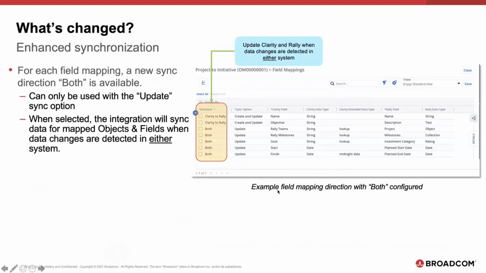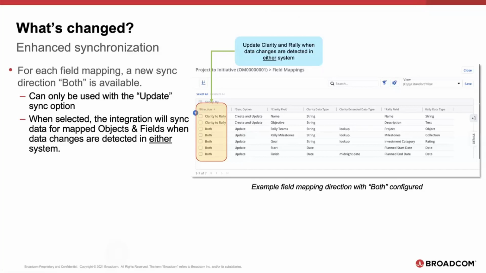So if you recall, we had a sync option called create. When you use that with the Clarity to Rally direction, you would create new Rally portfolio items using Clarity information. When you use create and update with the Clarity to Rally direction, you would create new Rally portfolio items, but you would also supply updates when the changes occurred in Clarity.